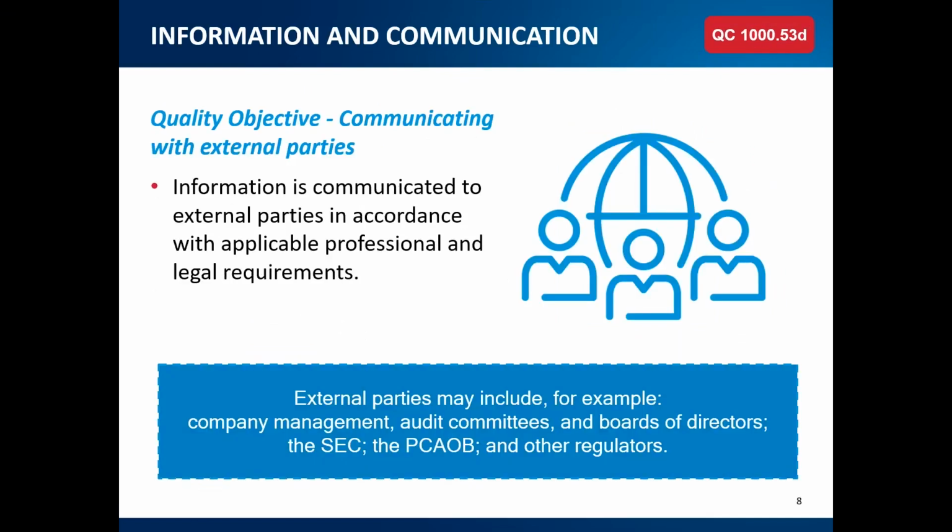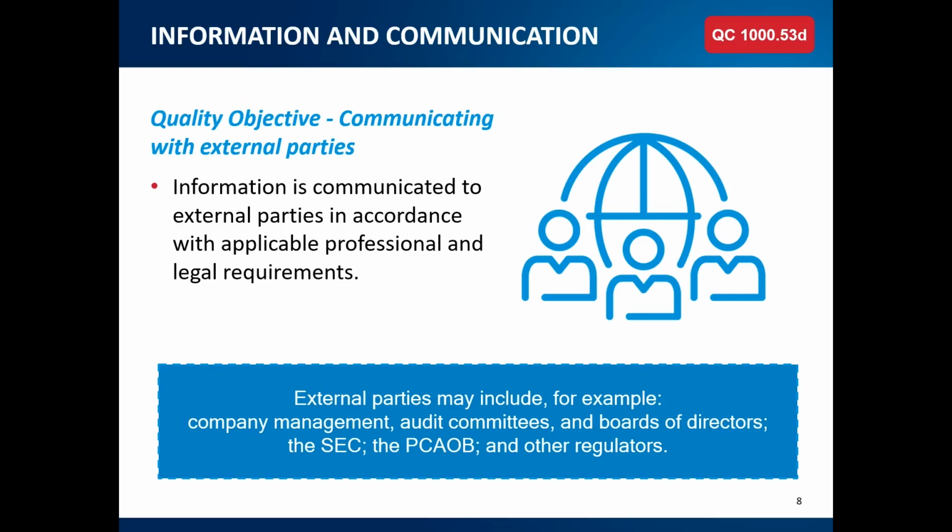The next quality objective in the information and communication component relates to communicating with external parties. The standard requires the firm to establish a quality objective that addresses communications to external parties in accordance with applicable professional and legal requirements. This quality objective focuses firms on providing the necessary communications to external parties when required.